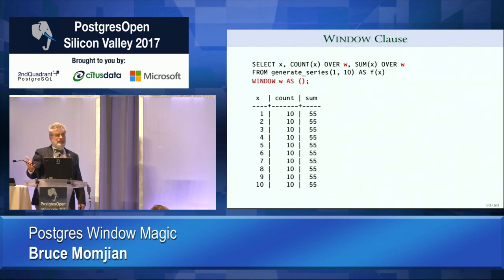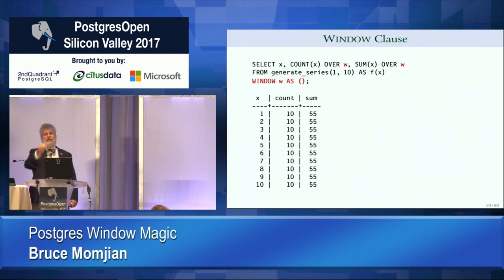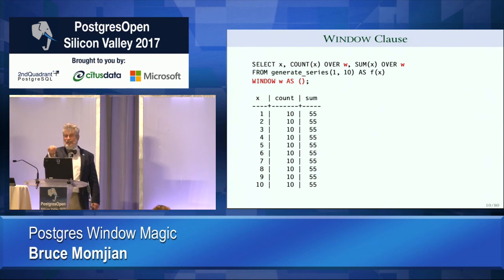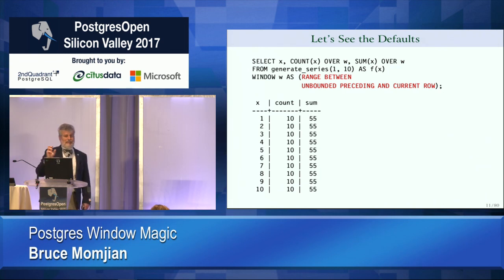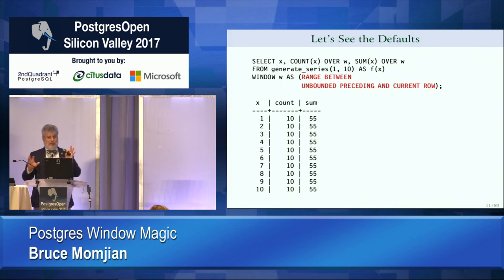So this is basically a syntax which allows us to define the window specification, and then we use that window label in multiple window functions. As I said, the parentheses define the defaults. I'm actually showing you the default here again in red. And these words are very politically charged.